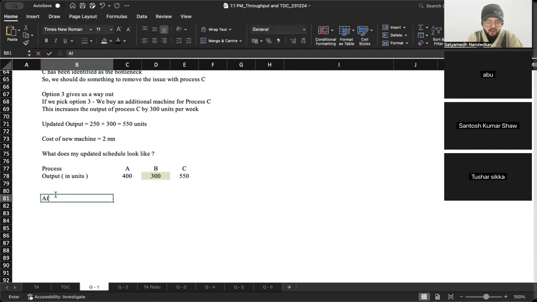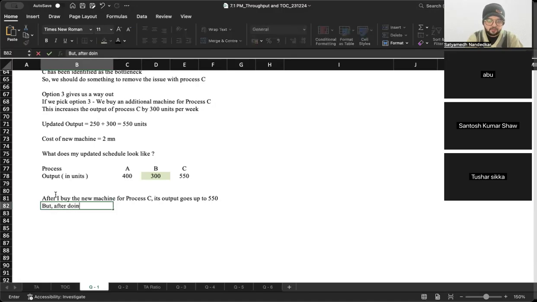So after I buy the new machine for process C, its output goes up to 550. But after doing that, process B becomes a pain point. Why does process B become a pain point?